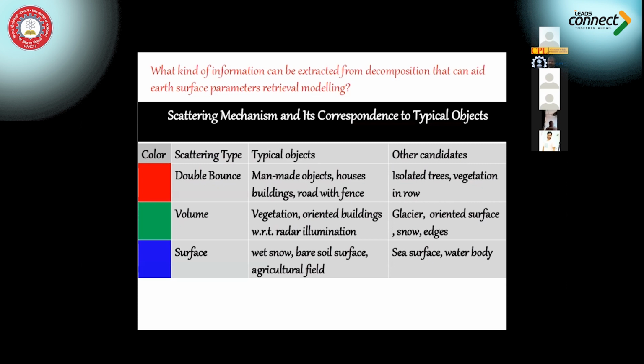So location can help you interpret your images. Surface scattering may come from the surface of any medium like wet snow, bare soil, or water body. You can interpret these easily.